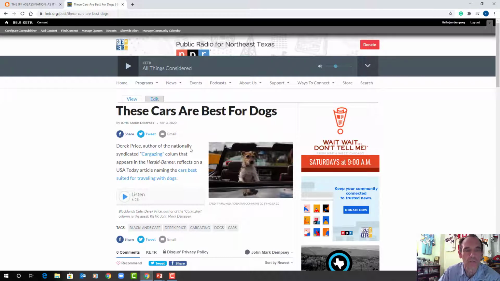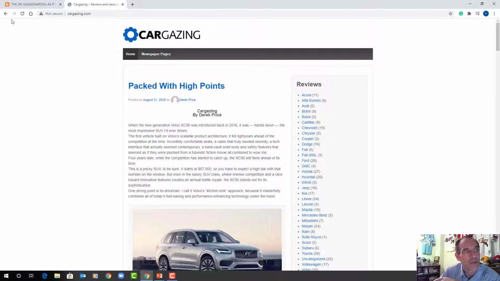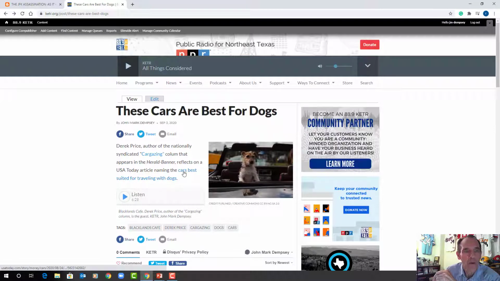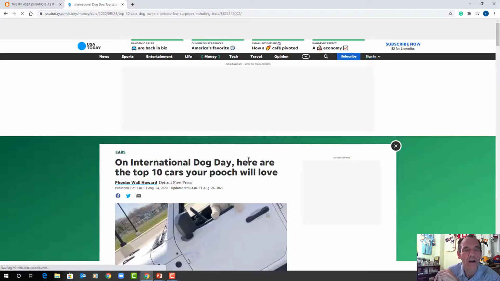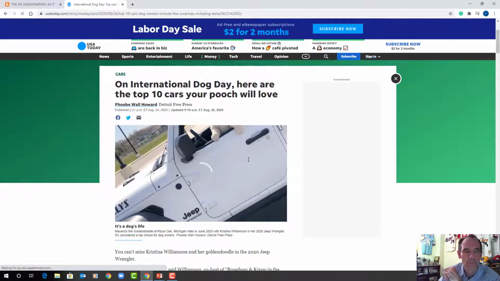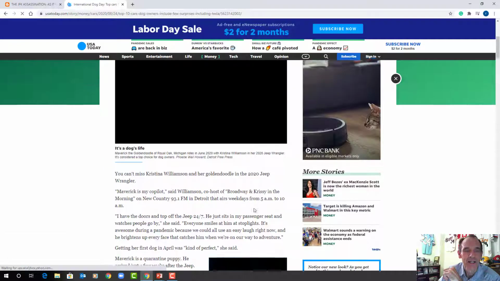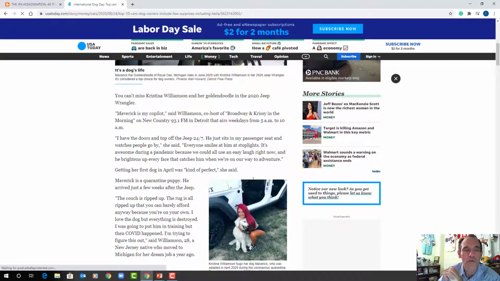This is another program that we did with a fellow named Derek Price out of Greenville. He writes a column called Car Gazing. And so I linked to his online column, and this also appears in regular newspapers, but obviously it appears online as well. And we talked about a story that came from USA Today on the cars that are best for dogs. If you have a dog, these are the cars that are best for traveling with dogs.